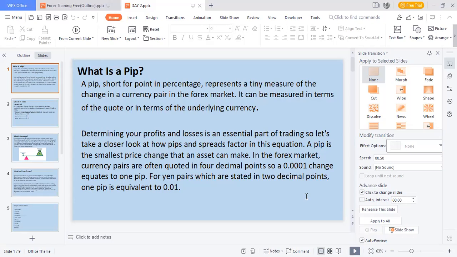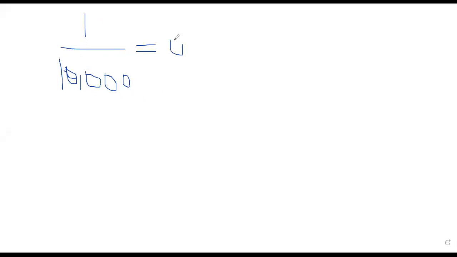Coming to my screen, I always tell people that a pip comes from basics, and that is 1 over 10,000, which is 0.0001.